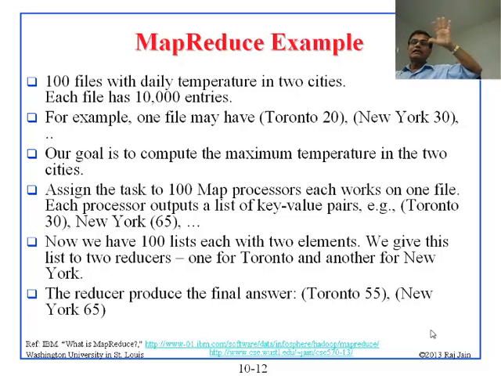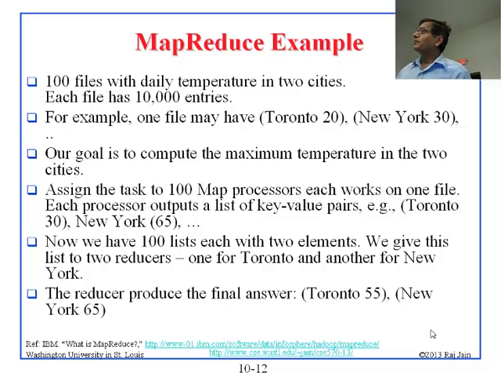It says, well, in this file, the maximum for Toronto was so much, maximum for New York was so much. Then the other one goes to their file and sees the maximum Toronto was so much, maximum New York was so much, and so on and so forth. 100 people can do this in parallel. And then what do we do? We take those 100 numbers and find the maximum of those. That is the reduction process.